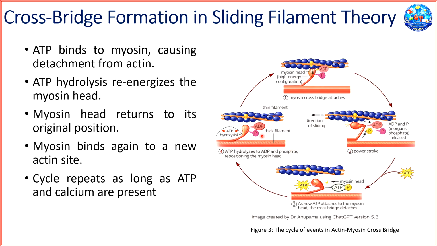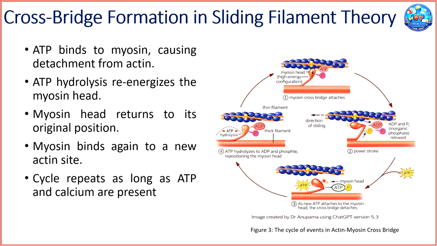The myosin head now interacts with the binding sites that are open on the actin filaments. So once this is bound, the power stroke happens, and the energy is used for movement. Once this is pulled forward, the myosin head detaches and again it is ready to bind to ATP.